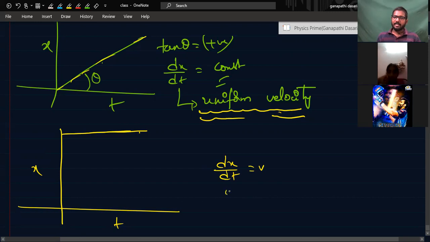All parallel lines will have the same slope. Do we accept this?